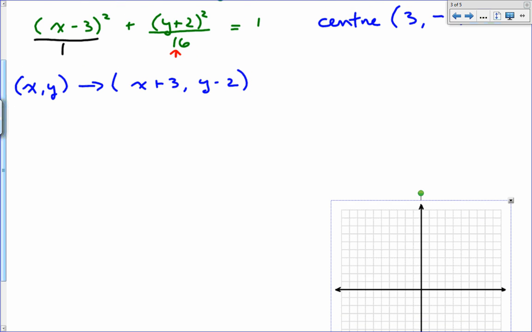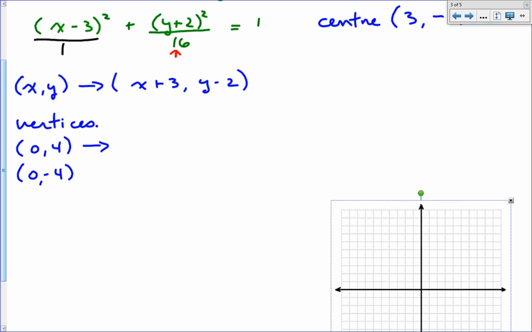Our vertices, looking at the equation, we can see that originally they would have been (0, 4) and (0, negative 4), because the A value is plus or minus 4.